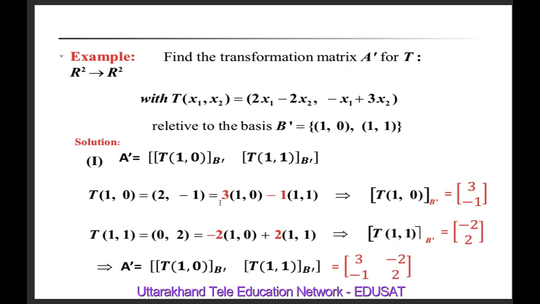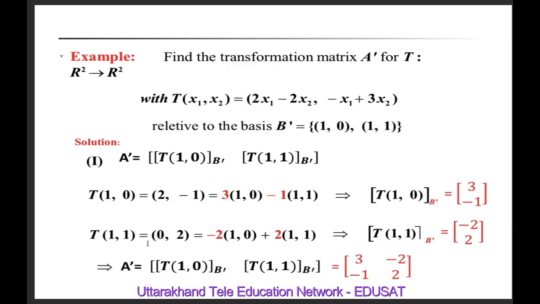Means x plus y equal to 2 and y equal to minus 1. So y we have obtained to be minus 1. If y is minus 1, then substituting y equal to minus 1 in the equation x plus y equal to 2, we get x equal to 3. So I have written x equal to 3 here. So [T(1, 0)]_B' is equal to (3, minus 1).